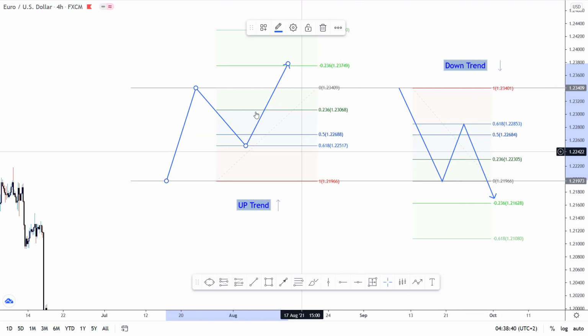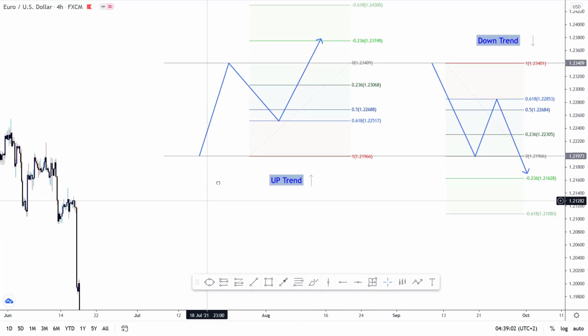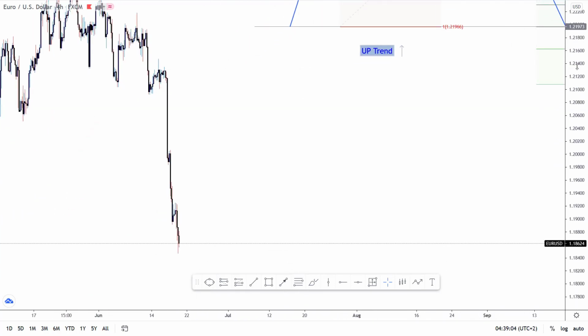It is important how you understand the Fibonacci. It is not the tool that moves the price, but it's price. This tool just helps us to map out and see where price is at and to identify discount and premium when it comes to the market and price movement. Once we have that locked down, let's move to the market and see if we can find some trades. So this is the Euro USD.